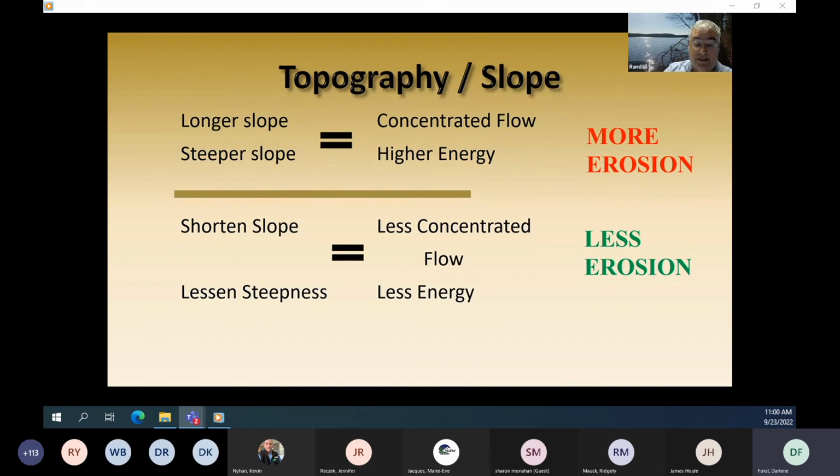The goal of all of this is to try and keep the soil and the soil particles as close to their source as possible. In the overall scheme of things, it's much less expensive for a project to do erosion control than it is to do sediment control, and it takes up less resources and less space on the site. So all that's pretty important.